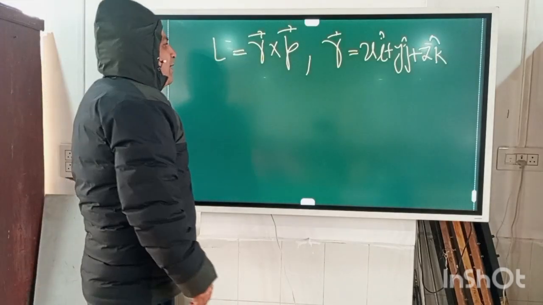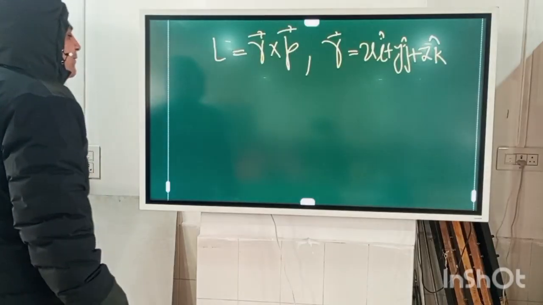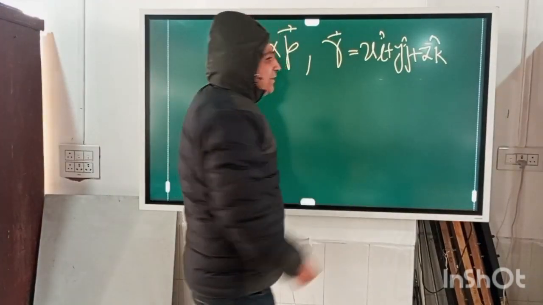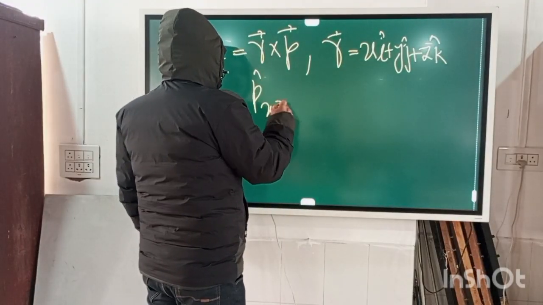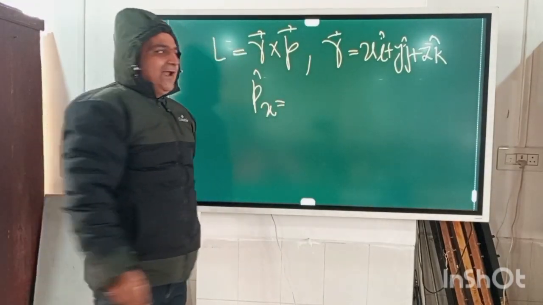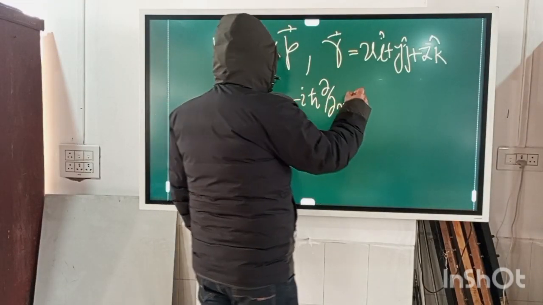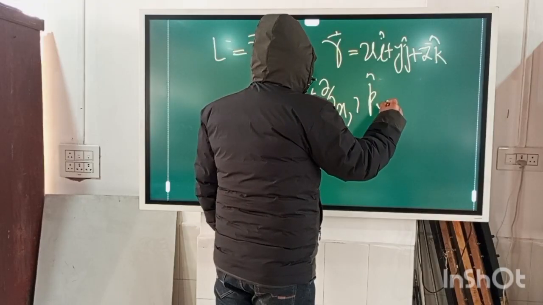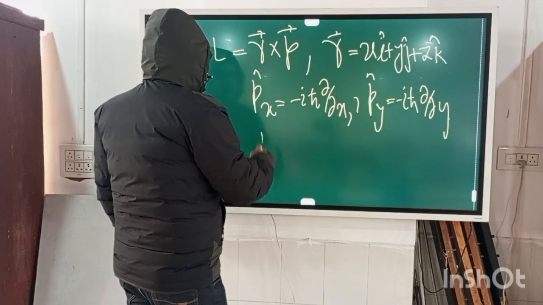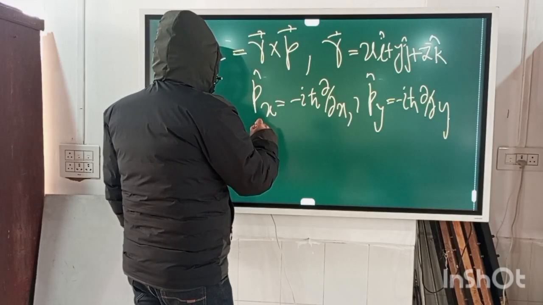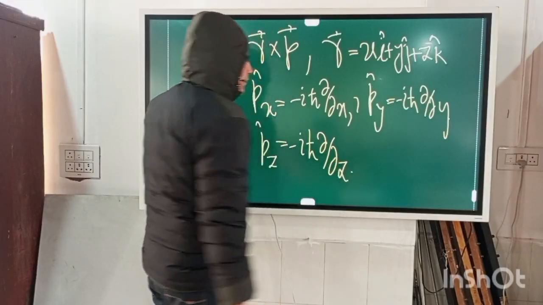And p you can write in terms of operators. You know what Px is as an operator. It is minus i h bar dou by dou x. Similarly, Py is minus i h bar dou by dou y, and for Pz you have minus i h bar dou by dou z.